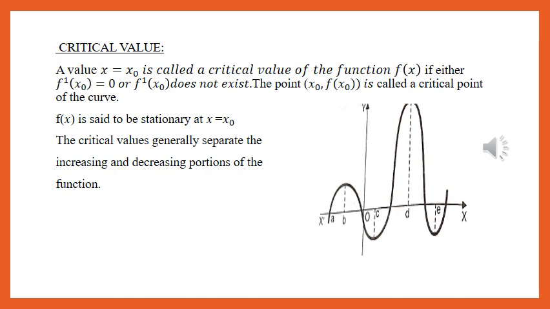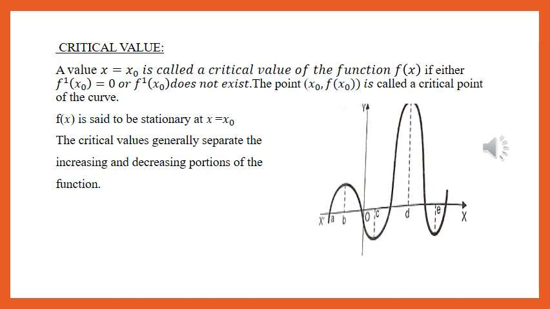Then the point x naught on the x-axis, the value of the function at x naught, is called a critical point. In the figure, if we see the point B on the x-axis, the corresponding value, that is f of B, at this point the function is not increasing or decreasing, this point is a turning point.